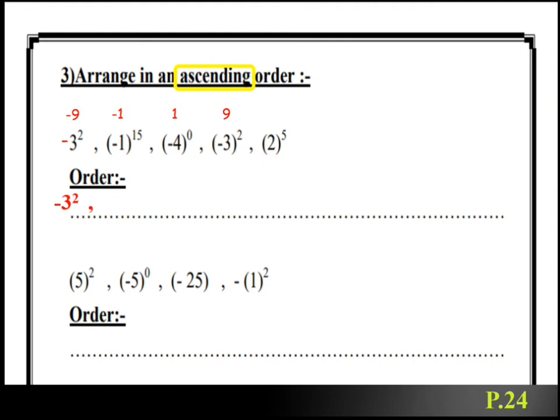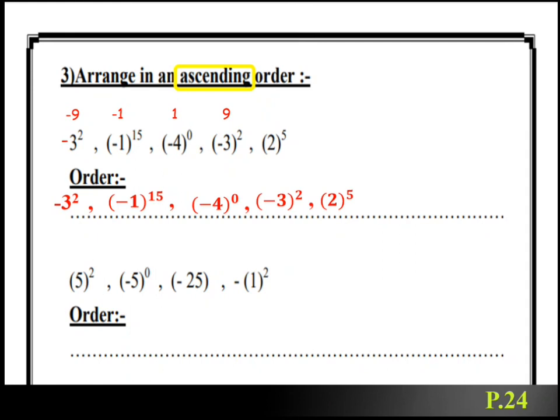It's just to help you to solve the exercise, okay? After that, negative 1, which is negative 1 power 15. And after that, negative 4 power 0, which is 1. And after that, 9, which is negative 3 power 2. And the last number would be 2 power 5, which is 32.